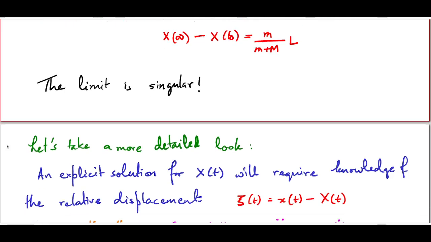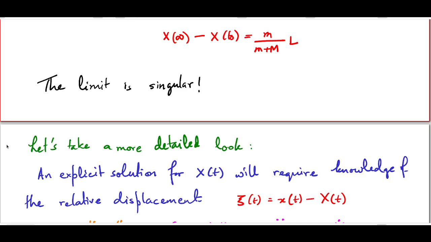Now, the important point is, we can figure out what is happening here by explicitly solving for capital X of t. However, how capital X actually depends on time t should depend on how the boatman is moving from one end to the other.